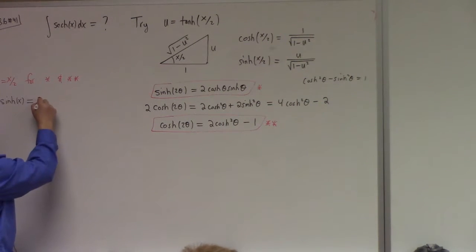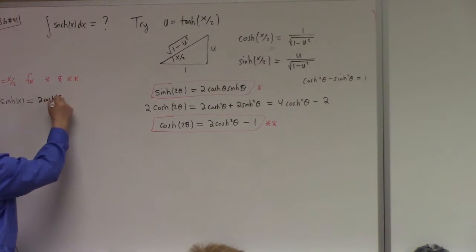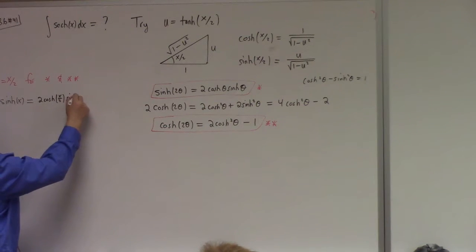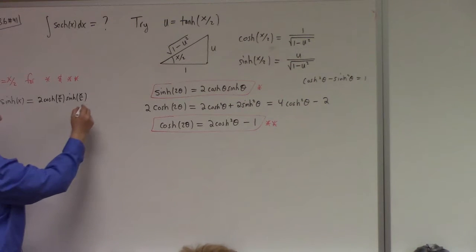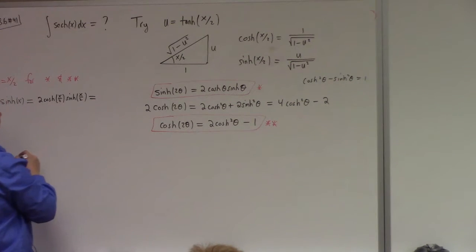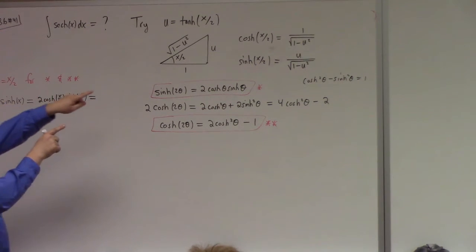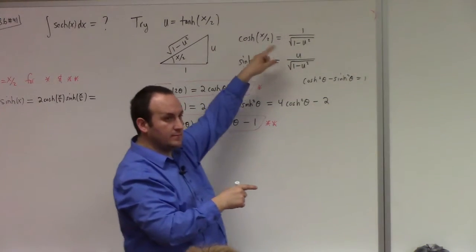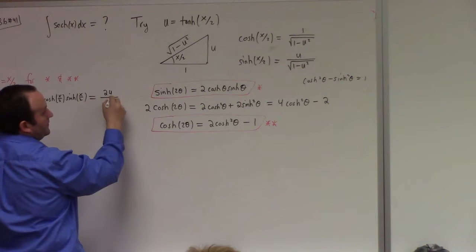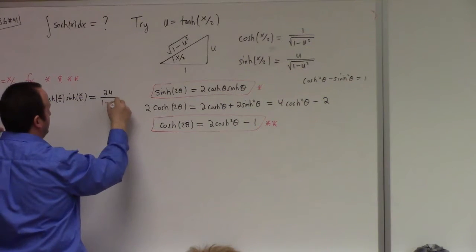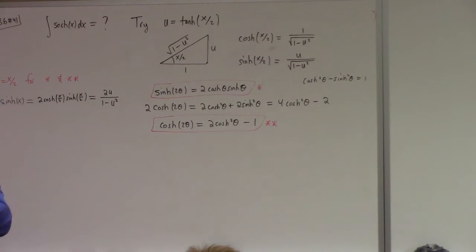Cosh x over 2 times sinh x over 2, which is really 2u over 1 minus u squared, which is an awful lot like what happened over here. Just instead of having 1 plus u squared, we have 1 minus u squared for the sinh x.